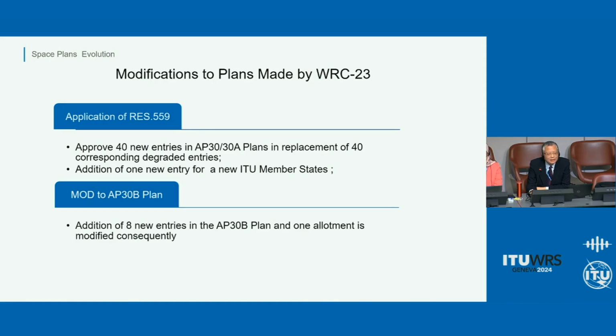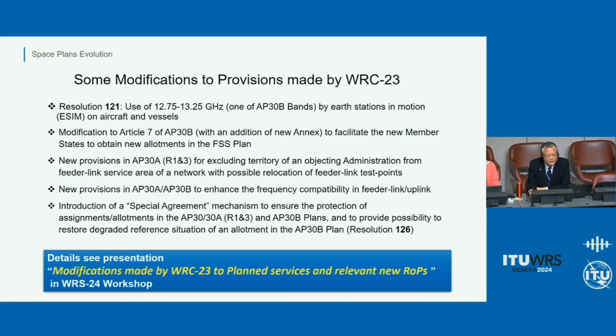In WRC 23 last year, there were also some modifications, including the new entries in the Appendix 30B plan and some new frequency assignments to replace degraded ones, taking advantage of Resolution 559. In WRC 23, there were also changes to two provisions.